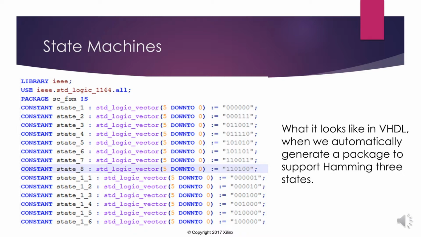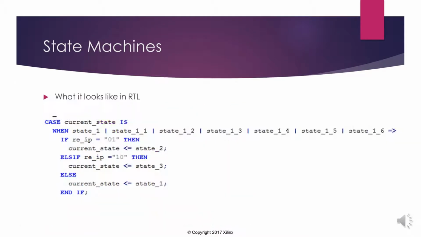Underneath state 8, you can see the mapping in of the 6 adjacent states that exist. So we have 6 adjacent states because we have 1, 2, 3, 4, 5, 6 register bits. For each register bit, we have an adjacent state for that one state. So each one of these states will have 6 adjacent states.